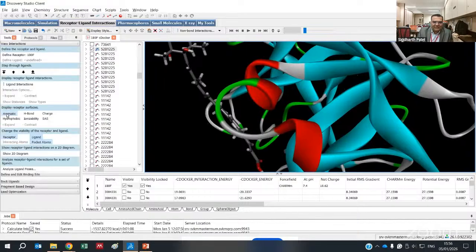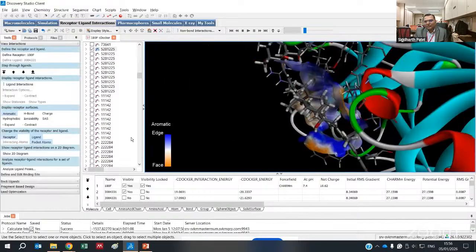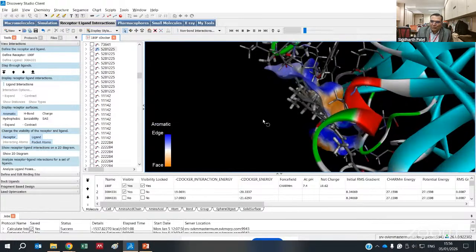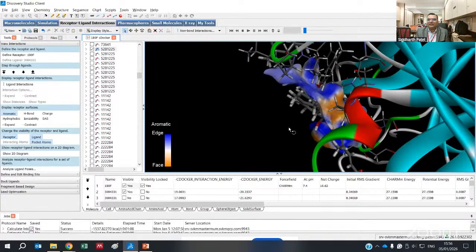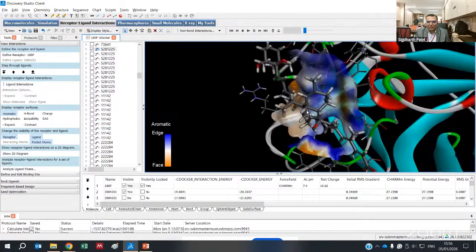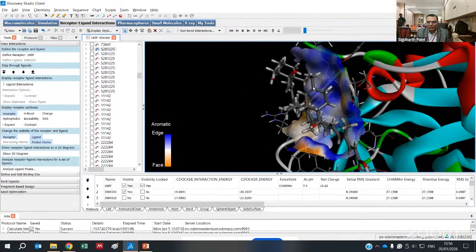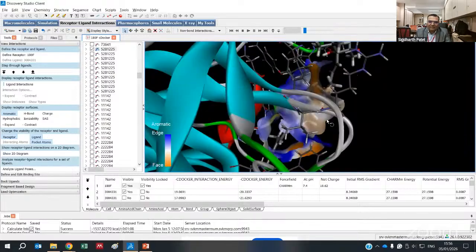If I want to see the aromatic effect, you can see here the blue color is the aromatic edge, and the face is pink here. The face is nothing but the area parallel to the aromatic ring. You can see here the aromatic ring. So the face of the aromatic ring will be pink or orange.